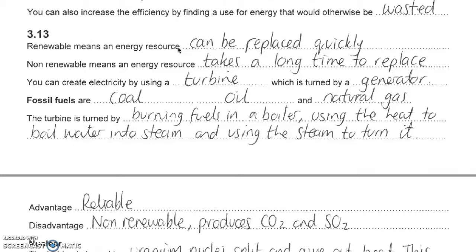How do we create electricity? Very, very simply. We're going to use one of our fossil fuels, which are listed here. They're going to be used to heat up some water. So we cause one of these fossil fuels to combust. That means the water is going to be heated up.